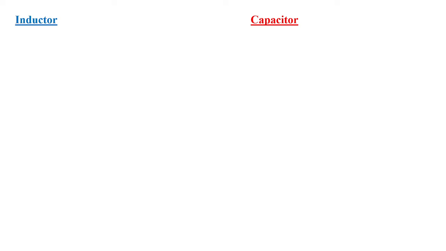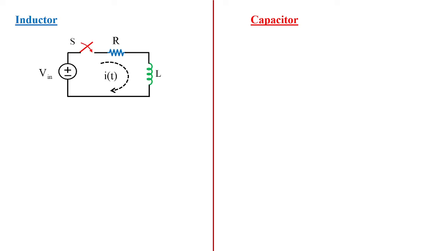What are inductor and capacitor under transient behavior? So an inductor, when it is combined with a resistor in series with a switch and connected to a source, and the current flows into the circuit.